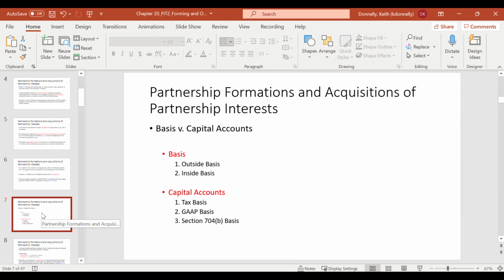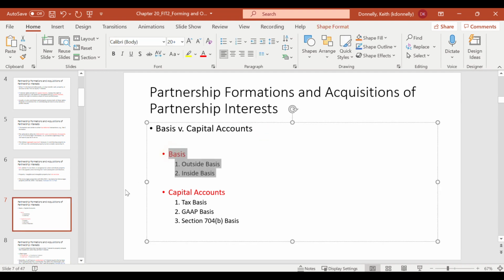The next thing we're going to talk about is basis versus capital account. So basis right here is really, really important. When you take the CPA exam, there are 4 parts to it. There's financial accounting, there's business, there's auditing, and then there's regulation, or basically it's tax and business law.